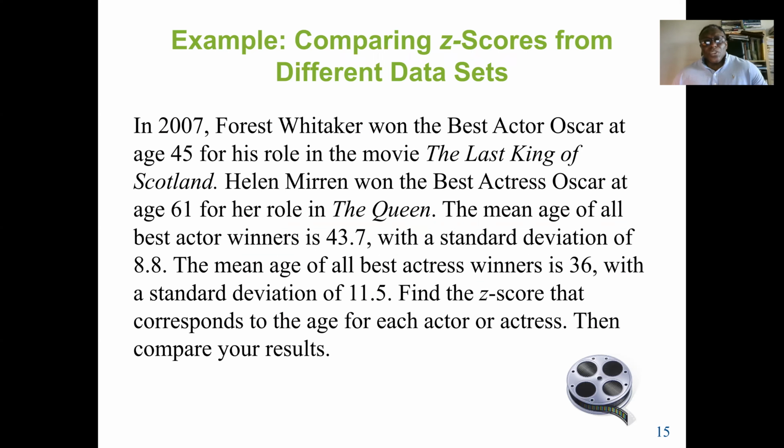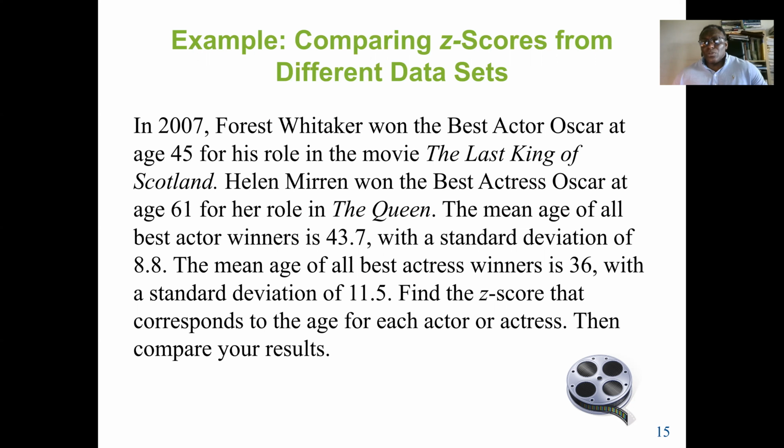The mean age of all the Best Actor winners is 43.7 with a standard deviation of 8.8. The mean age of all the Best Actress winners is 36 with a standard deviation of 11.5. The question says, find the z-score that corresponds to the age of each actor and also the actress.